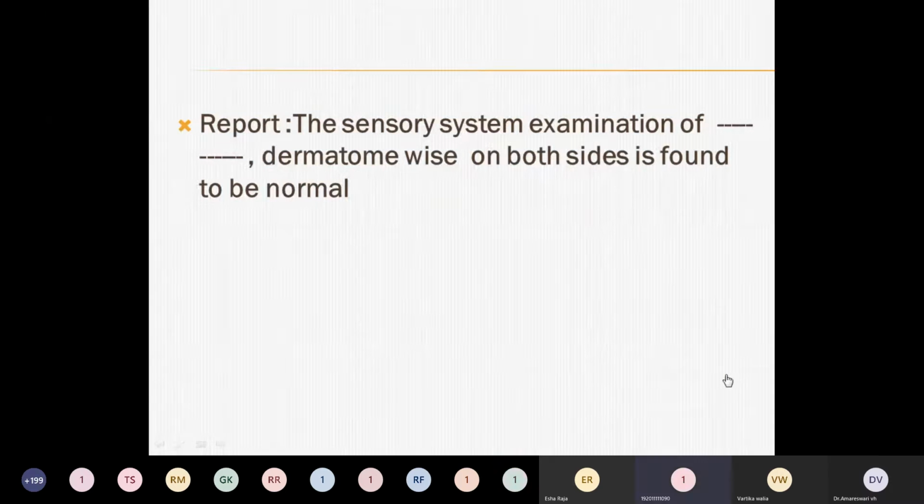Excuse me, ma'am. We are not able to hear you, ma'am. Your voice is breaking. Since which slide? Only since the tabular column slide, the second slide, ma'am. Okay. Now am I audible? Yes, ma'am, you are audible now. Okay.